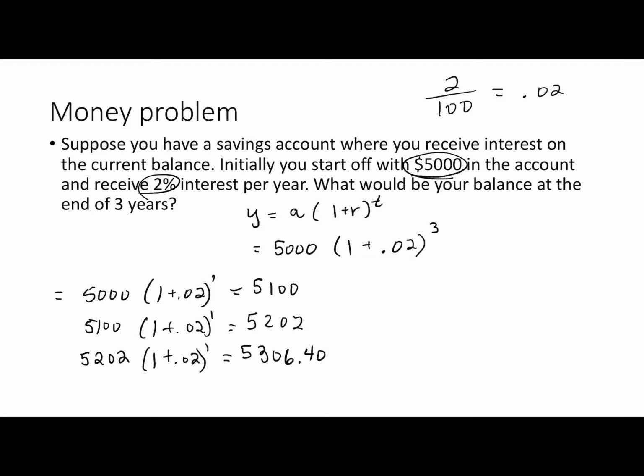So you ended up getting $104 with 40 cents. That might not seem like very much, but over time this can keep adding up and keep adding up, and eventually you grow to have a lot of money from just a small amount.